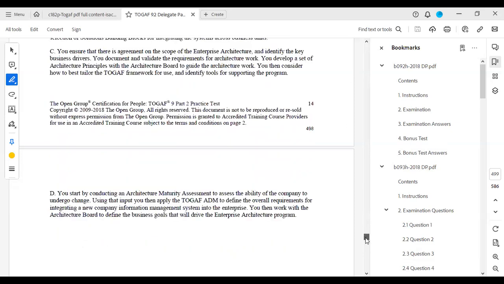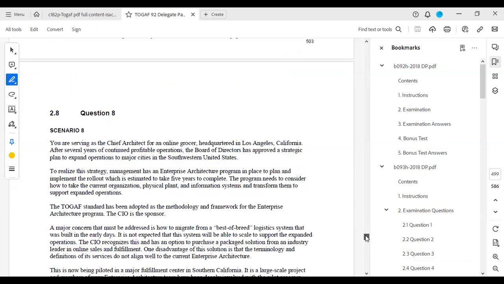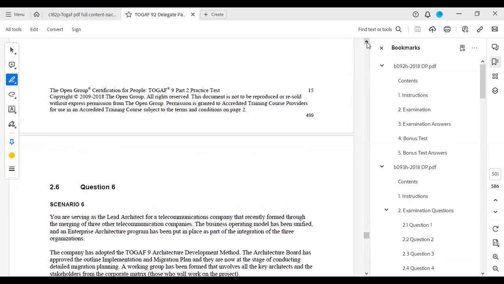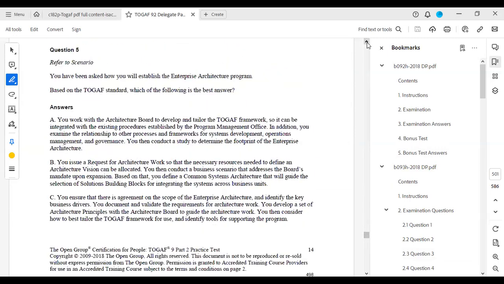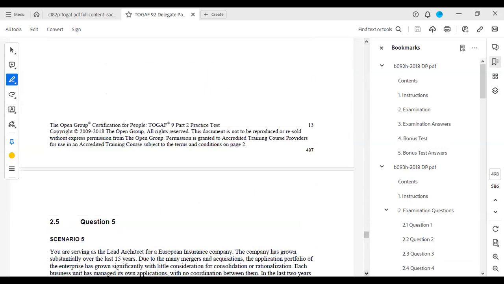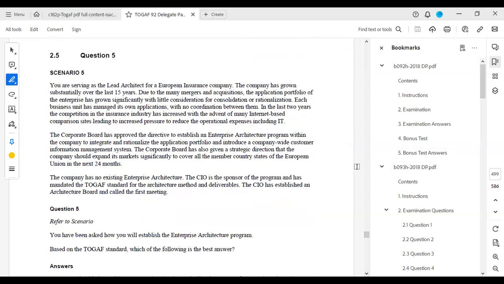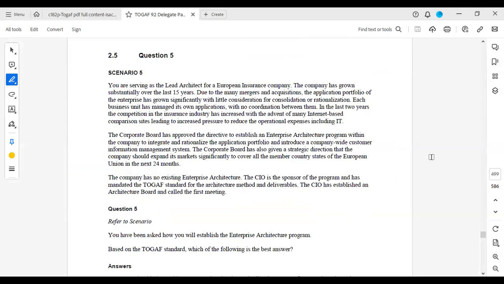Let me check one, sorry. Yeah, 496. Did you get it? 496. I opened it, I'm searching for the page number now. One second.